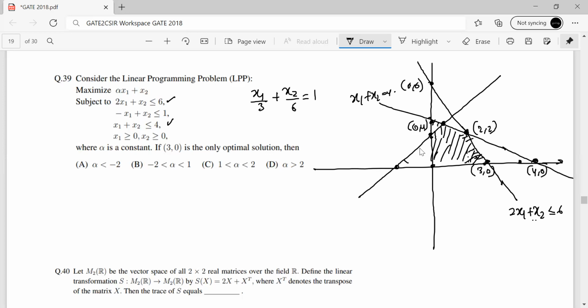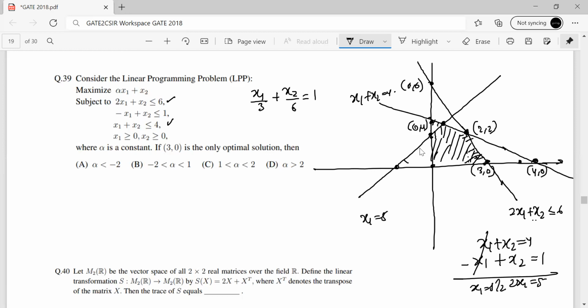And here you have x1 plus x2 equal to 4, and this line is minus x1 plus x2 equal to 1. So we need to solve this now. x1 plus x2 is 4, and minus x1 plus x2 is 1. So if this gets cancelled, 2x1 equal to 5.